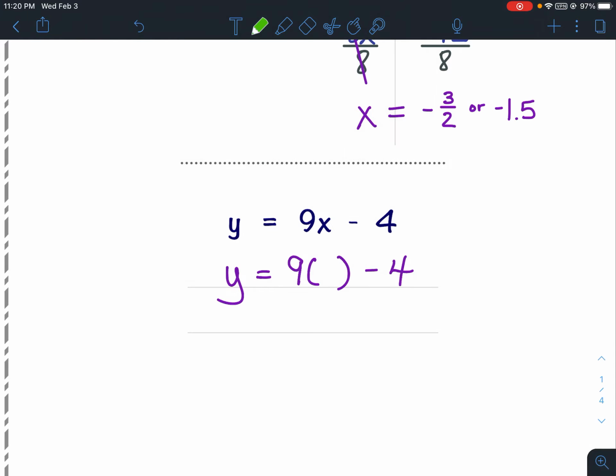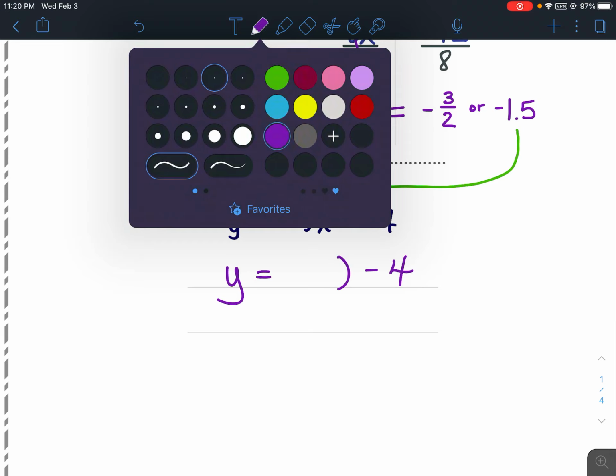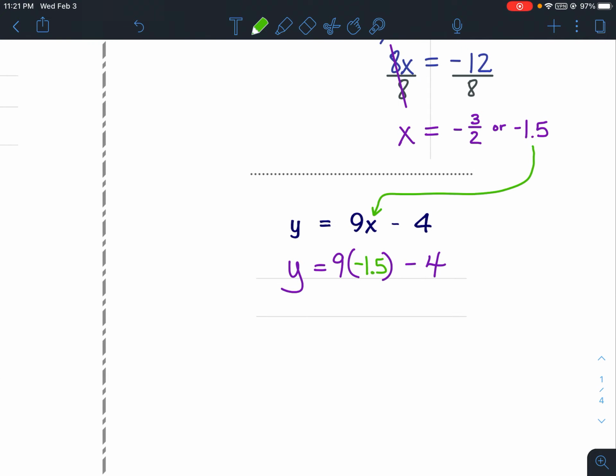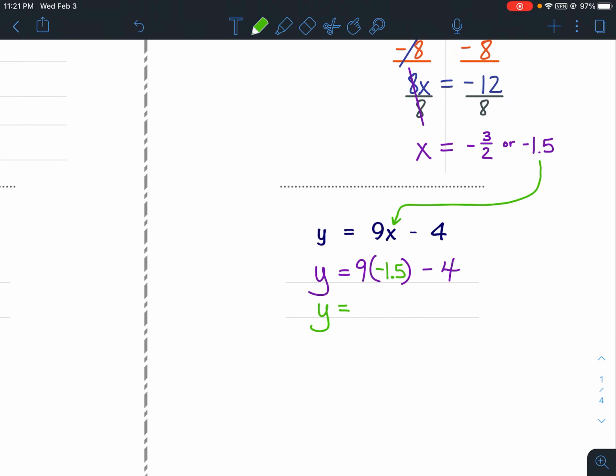And I'm going to take this negative 1.5 and plug it in for the x. Might not have saved myself enough room. And then you will finish that problem on your own to solve for y. But again, you will have another decimal answer.